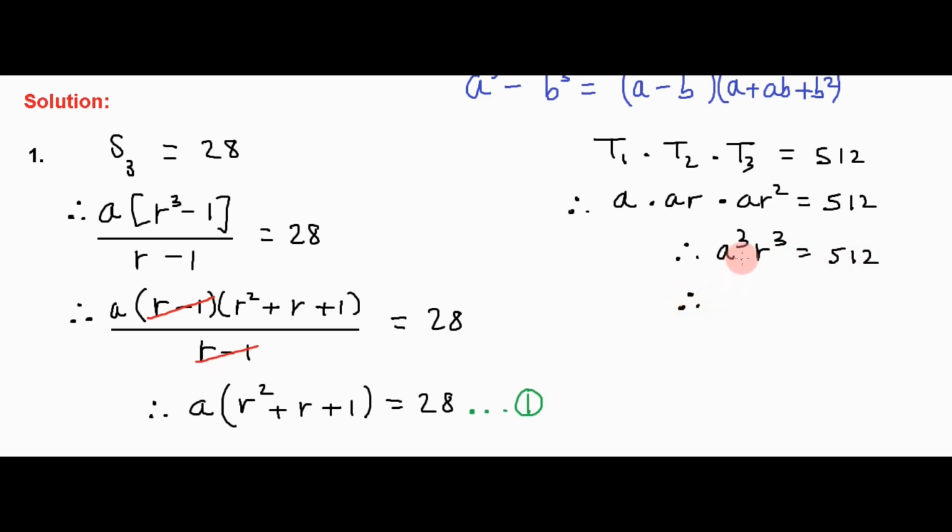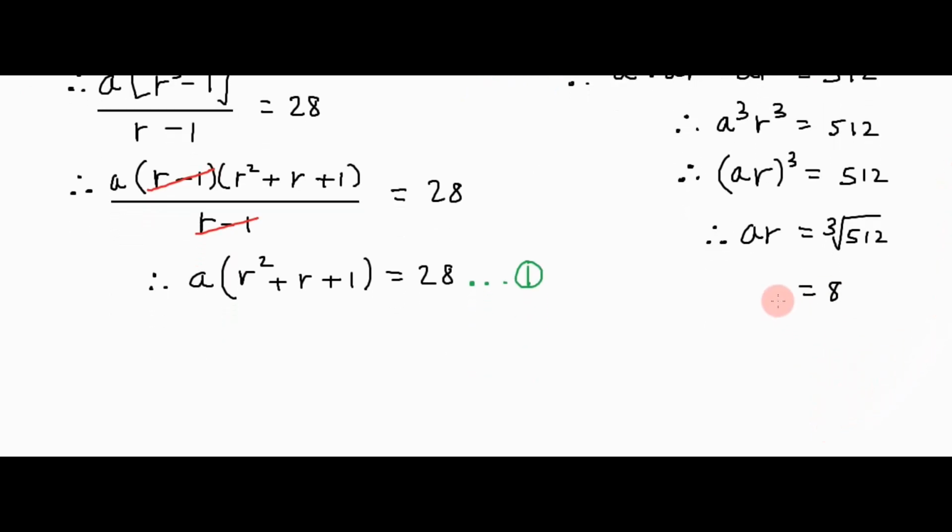We can use the laws of exponents and write the left-hand side as AR all cubed. And we can solve for AR by taking the cube root on the right-hand side. So AR will be the cube root of 512. And on a calculator, this comes to 8.